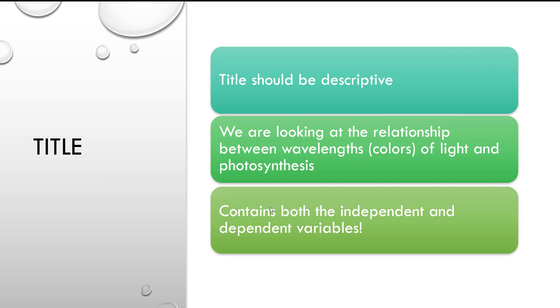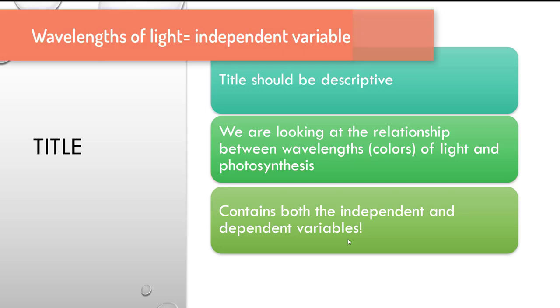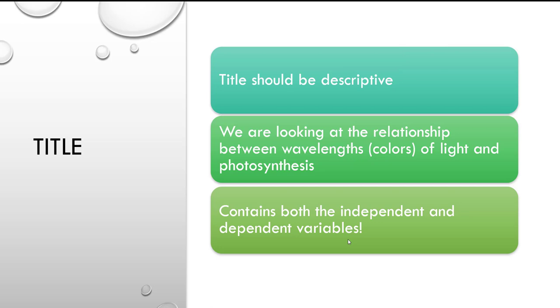When we were conducting our experiment, which we didn't actually conduct, we were looking at the different wavelengths of light. That was decided ahead of time, so that would be considered an independent variable. And we were trying to see what effect it would have on photosynthesis, so that was the dependent variable.